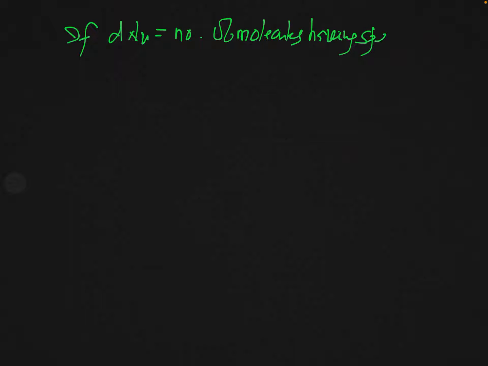So if dN_v equals the number of molecules having a speed between v and v plus dv, then this will be equal to dN_vx vy vz.